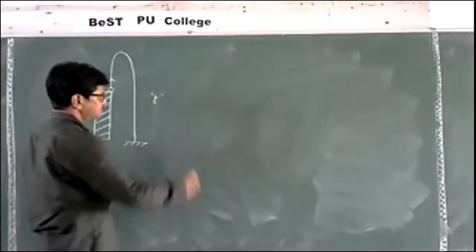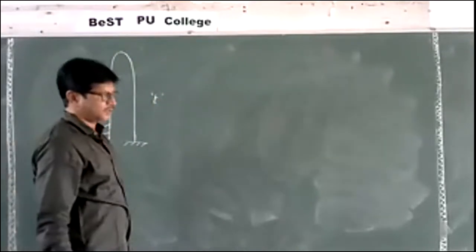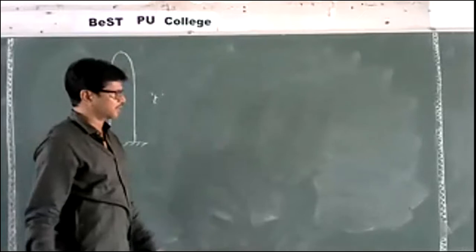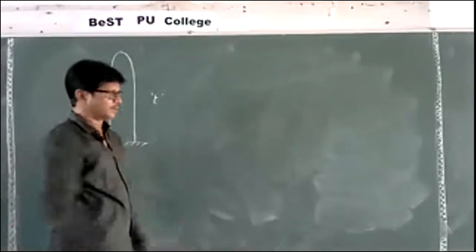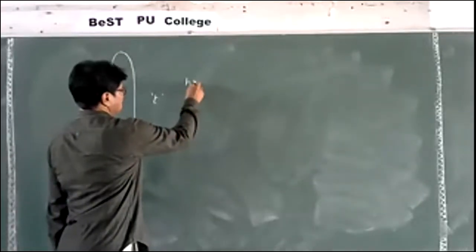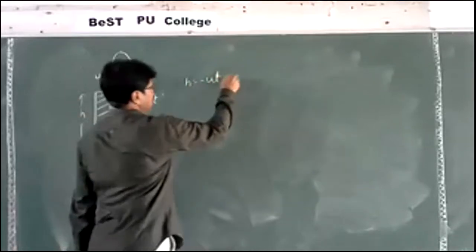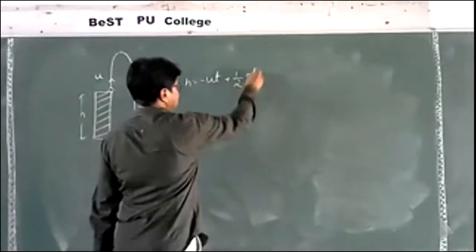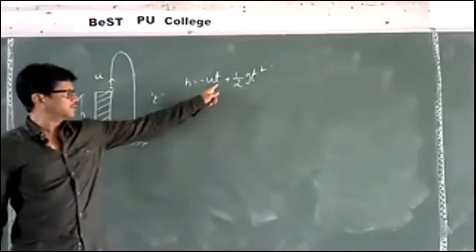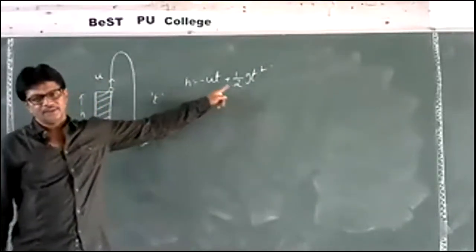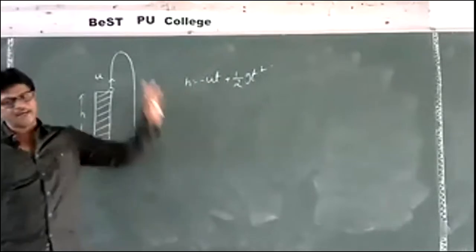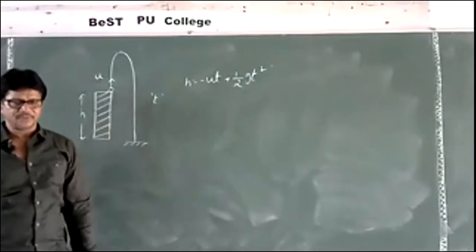then in the previous class we got the beautiful expression h is equal to minus ut plus half gt square. This formula we derived in the previous class.